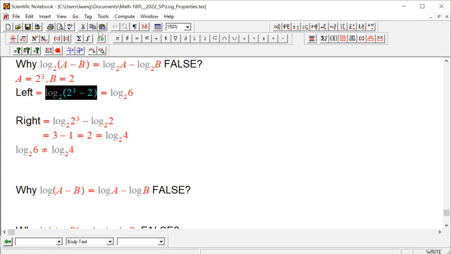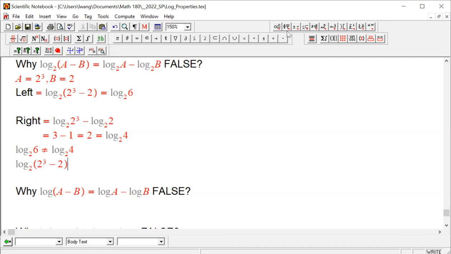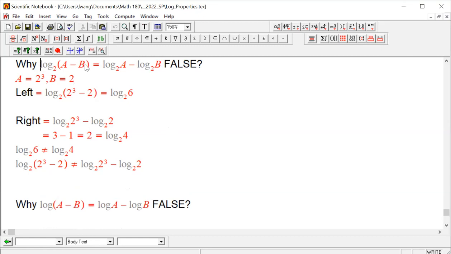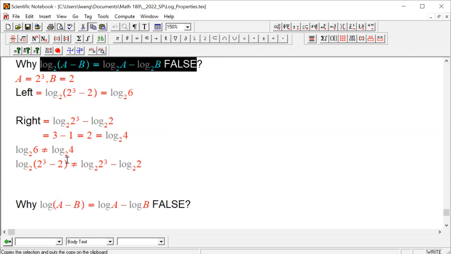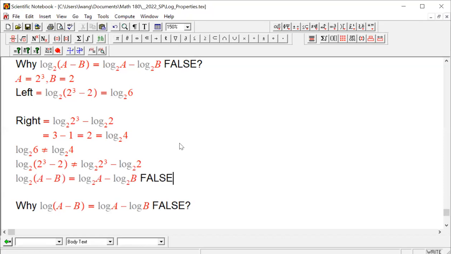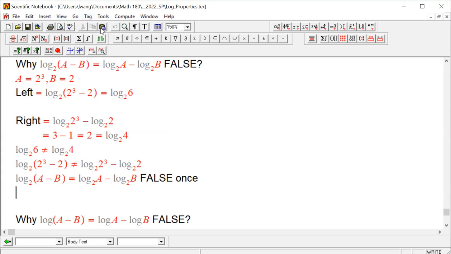This means that the left-hand side and the right-hand side are not the same. So this is a false one, false.